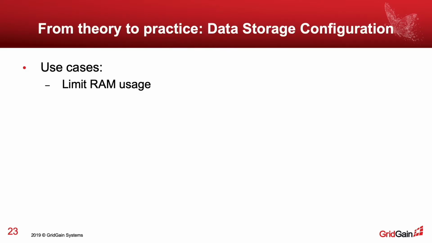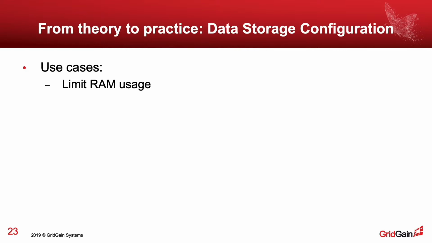What you may want, first of all, is to limit the RAM usage of your Ignite node. You may want to do this for several reasons. First of all, you may not want to allocate all of your physical memory, because if the operating system runs out of resources, it will behave poorly. The other reason is that you may want to combine Apache Ignite with another distributed system.